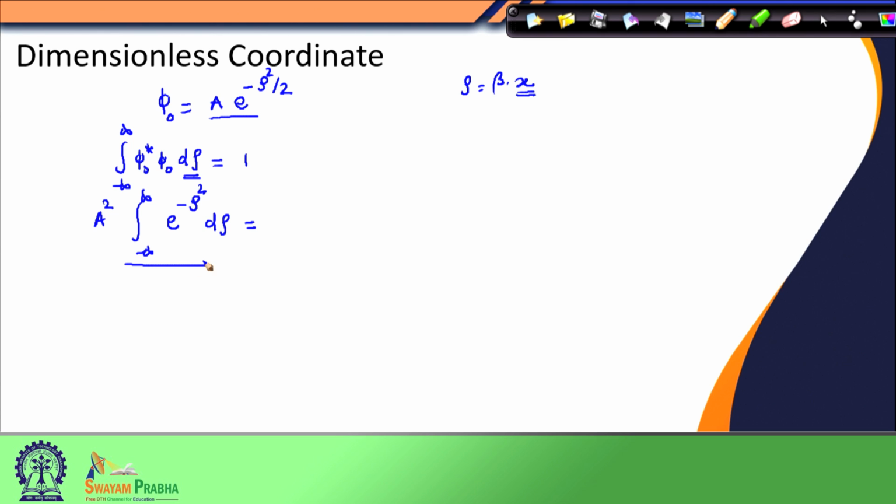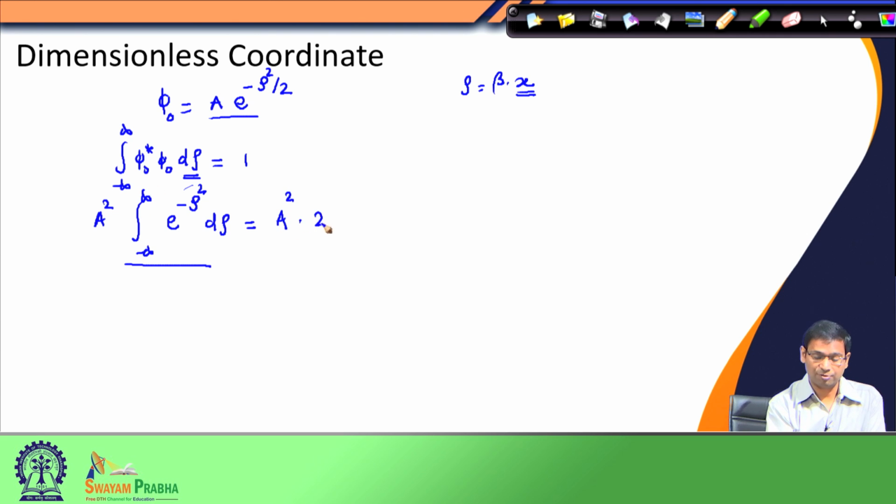This is the integral that we have to evaluate, but you know that this is a Gaussian function, which is an even function. So instead of evaluating this integral from minus infinity to plus infinity, I am going to evaluate it from 0 to plus infinity and multiply by 2, because the integration between 0 to plus infinity is equal to the integration between minus infinity to 0.